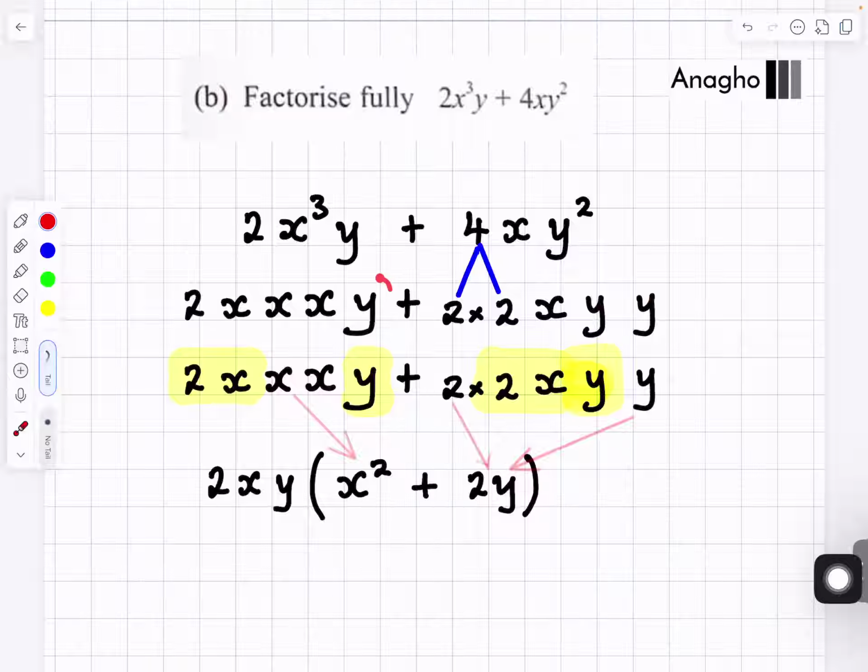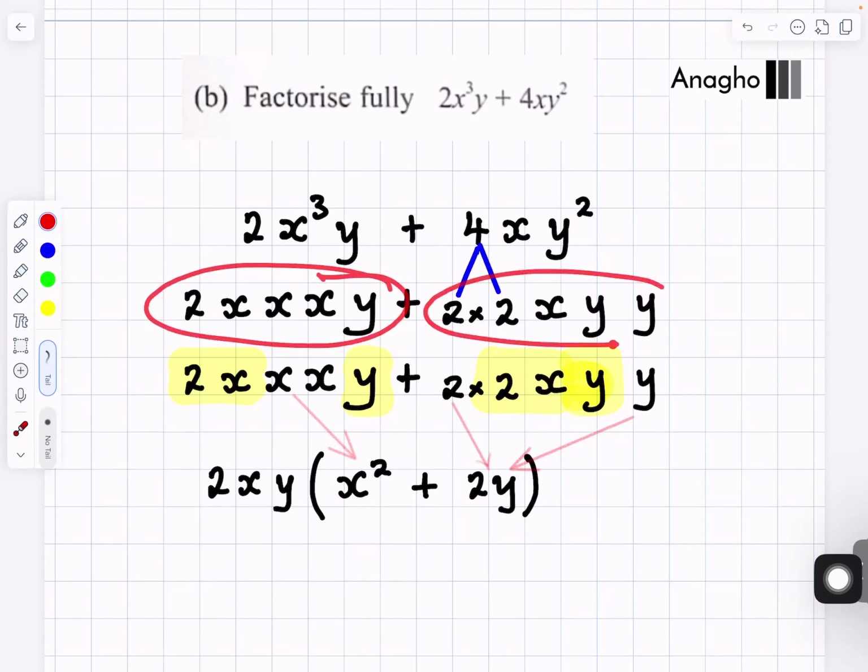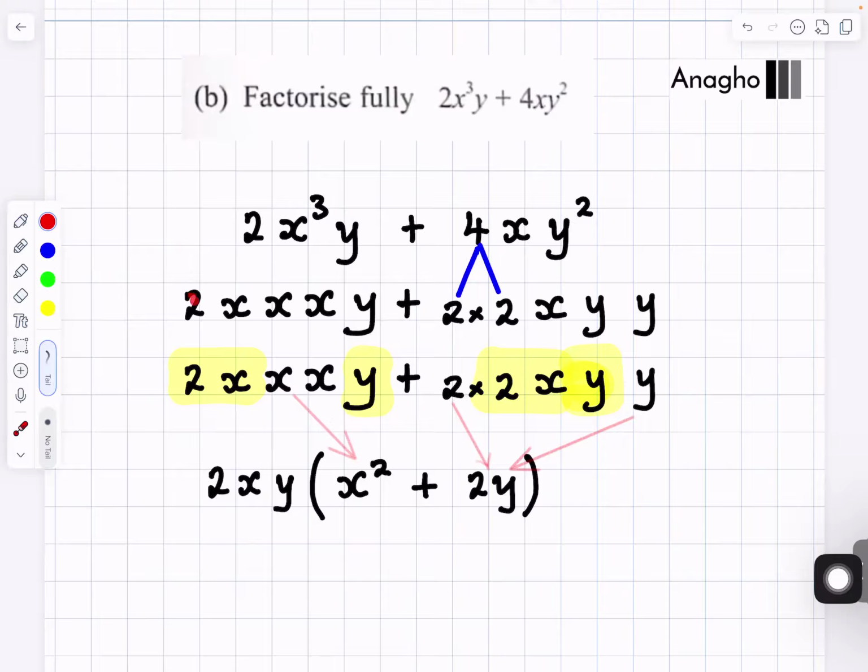Now I look on the left side and the right side. What do I see that is found in both of them? There's 2 on the left, 2 on the right. There's an X on the left, an X on the right. There's a Y on the left, a Y on the right. So all those things that are found in both of them, I put in yellow, 2X and Y. I'll take them out of the bracket.